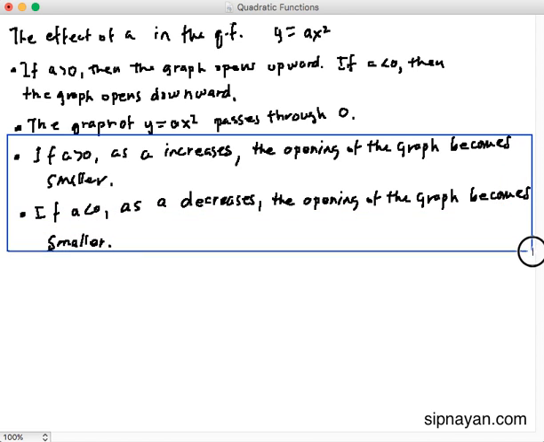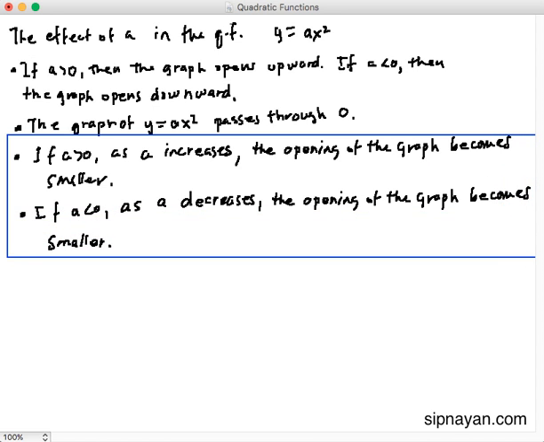These two statements can be merged into one statement by using the absolute value, no?